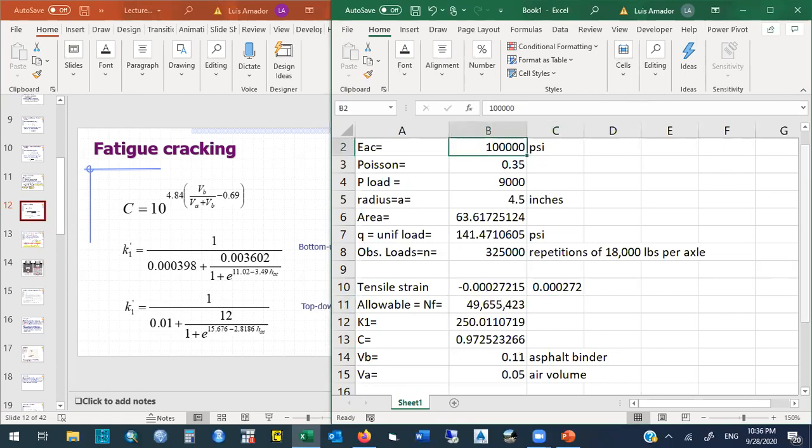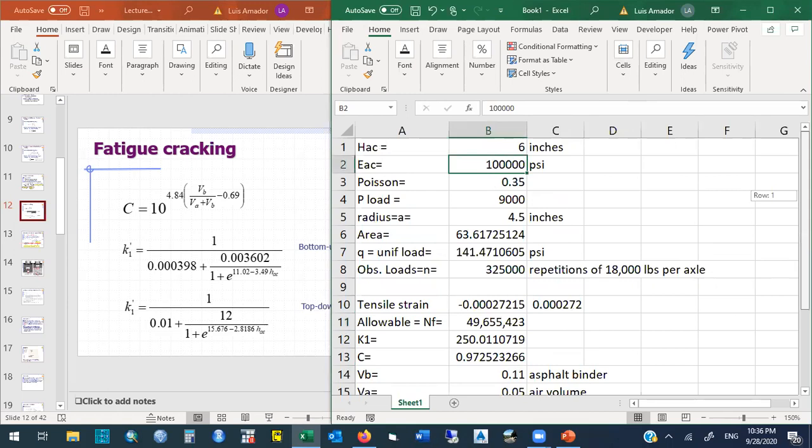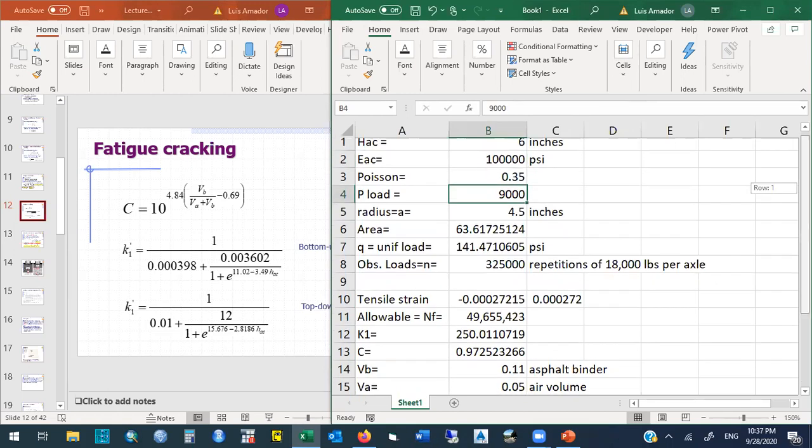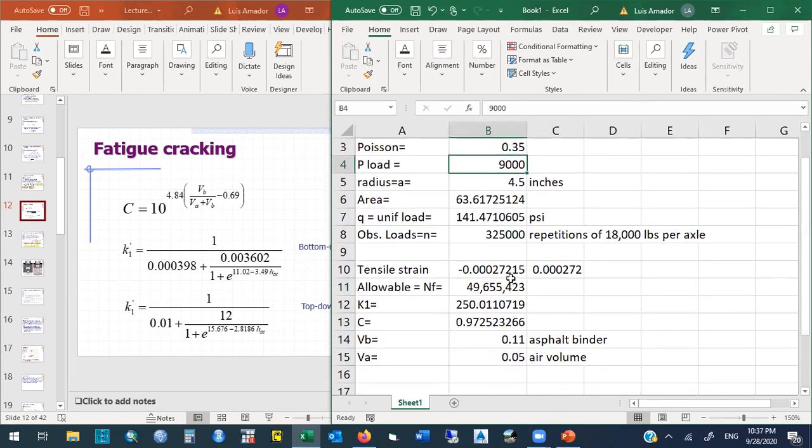Of course, this is for a 9,000 pound load, right? So if I know my area of contact is different, this is gonna adjust automatically.